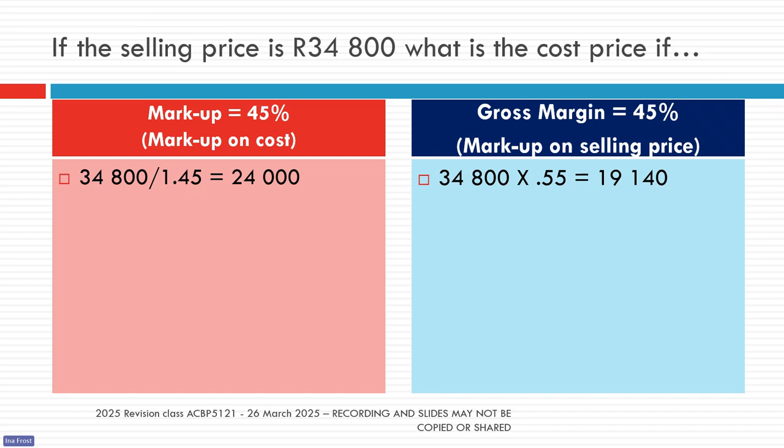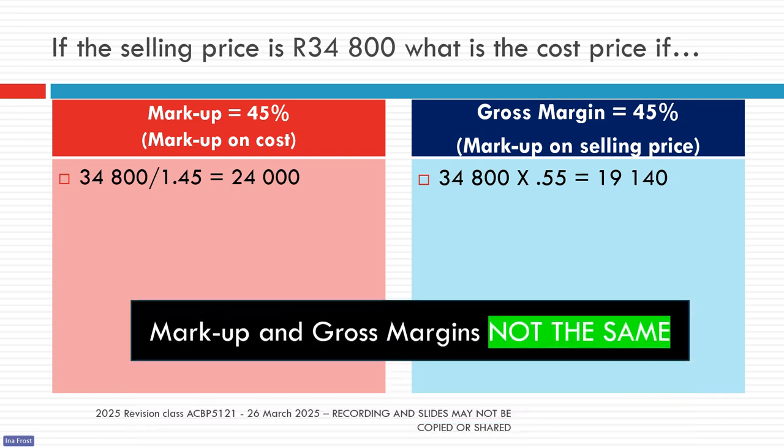So you can see that when we are given the selling price and we need to calculate the cost price, it gives us two very different answers, whether the markup is on the cost price or is a gross margin.